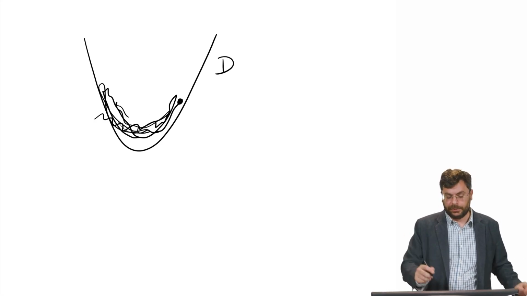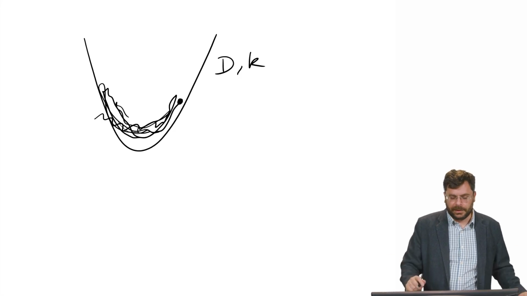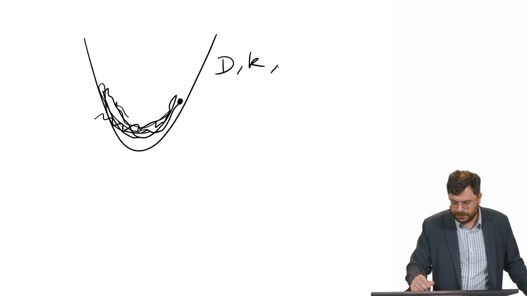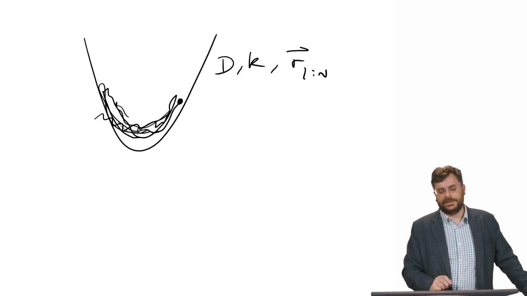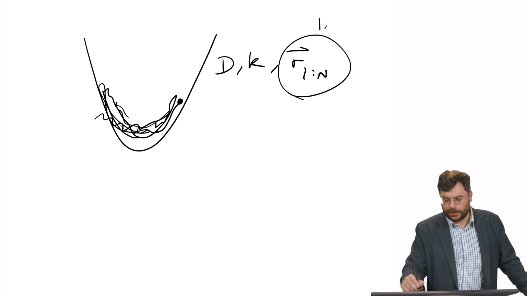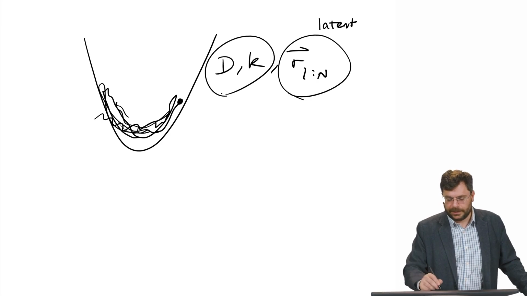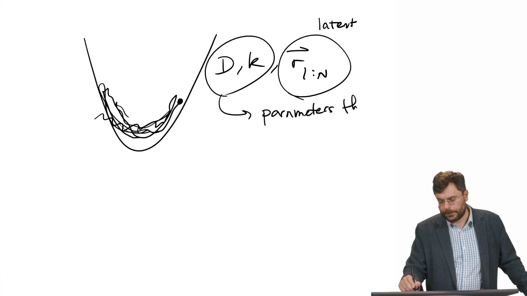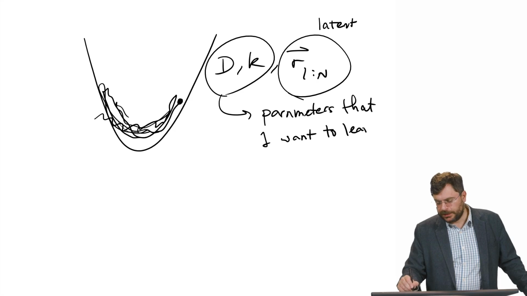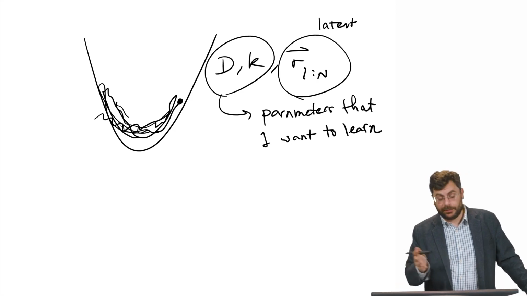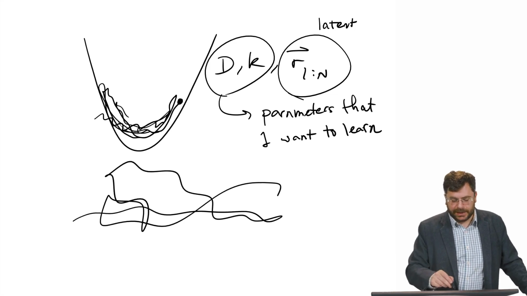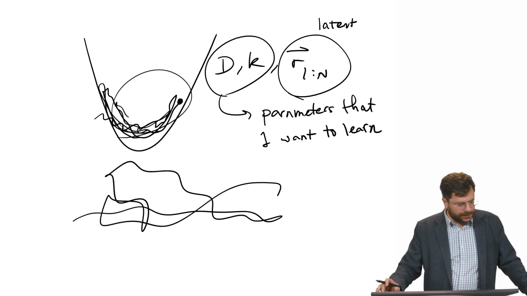I may also want to learn the stiffness of the trap, the force constant of the particle, but I may not actually care about its actual position. So if I don't care about the position, I would call that a latent variable. And these are the parameters that I want to learn. This is just a slightly more sophisticated example of the Brownian motion we saw earlier. In Brownian motion, I would randomly go anywhere I like. Here you're confined to some kind of well.